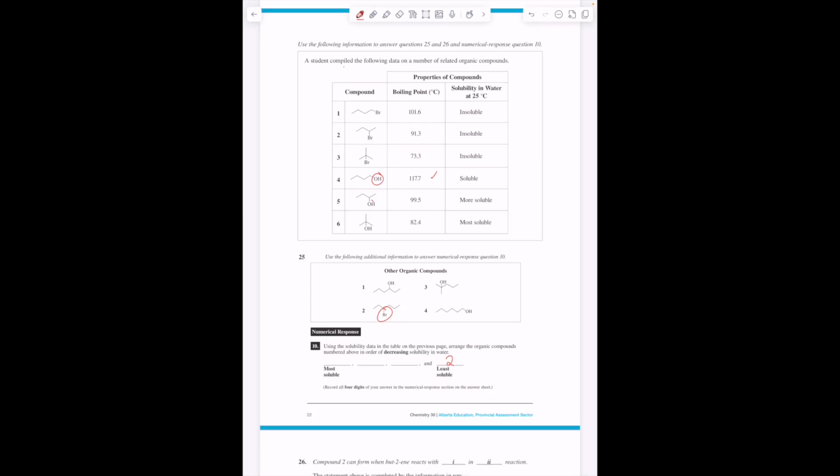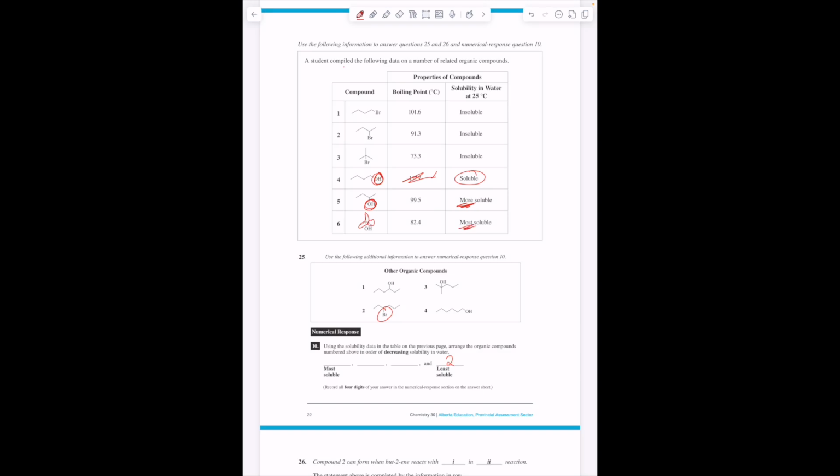Sorry, I didn't mean boiling point. I meant it's soluble. When OH is moved from the end to inside, it's a little bit more. And when we have a parent branch and an OH in the middle, it's the most.